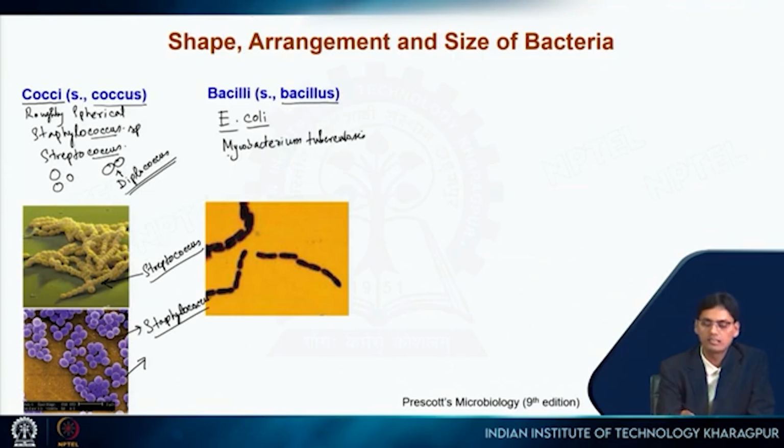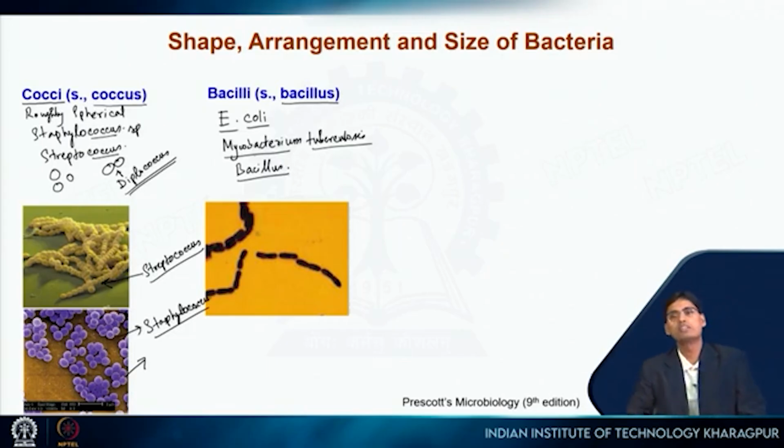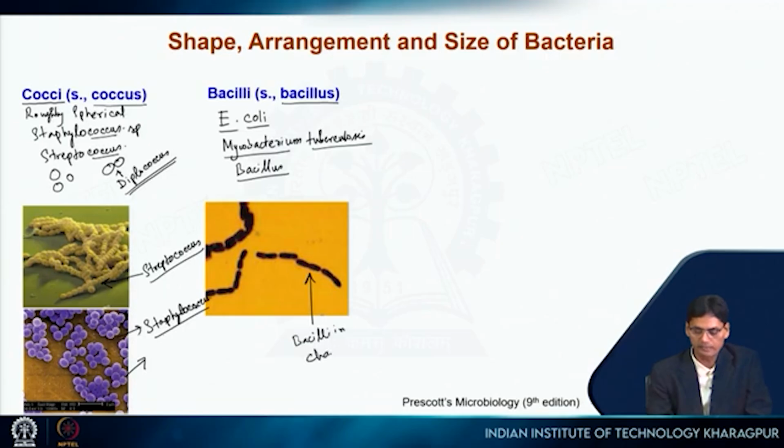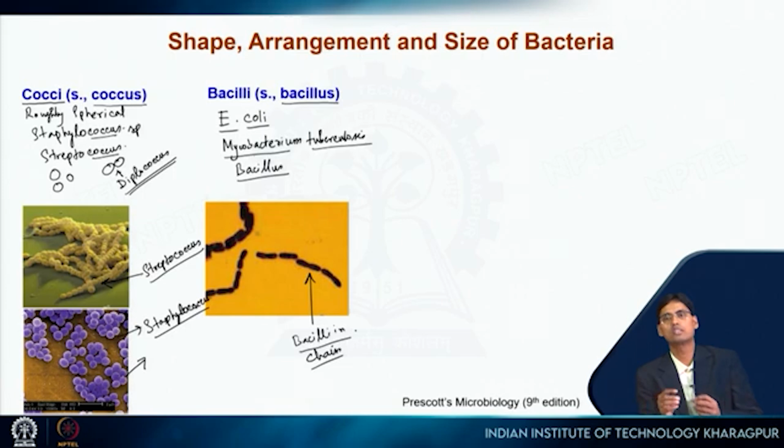There are many species of bacillus. In their name itself, the bacilli is there. All of them are slender, rod-like structures, and this is called bacillus. And here you can see bacilli in chain. Again, during division, they are not getting separated, so they are staying in chain.